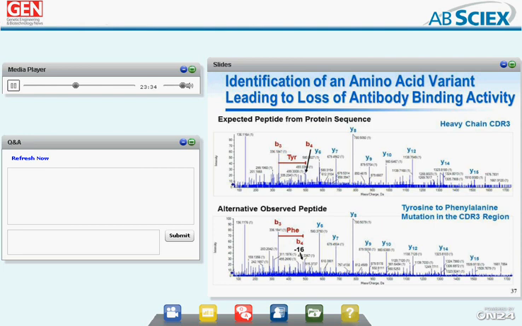It identified a tyrosine to phenylalanine mutation straight out of the search results. It shows the B3 and B4 ions identifying that change of 16 Daltons from the expected protein sequence. Interestingly, it also identified a large amount of the properly formed expected protein sequence, showing the tyrosine at that position.